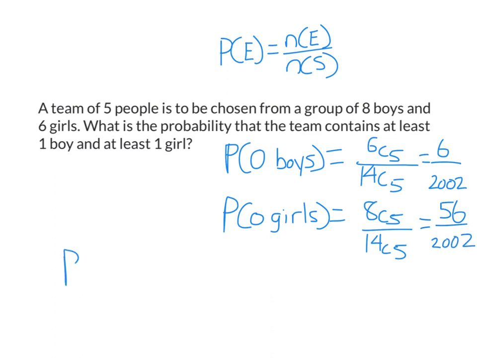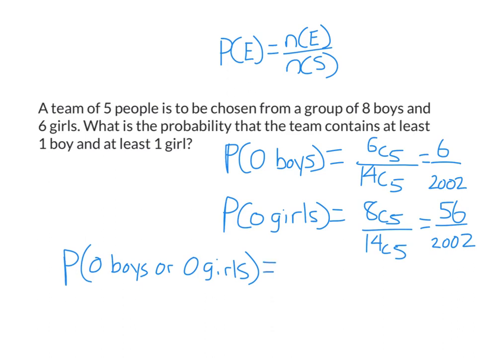So for the probability that I pick either no boys or no girls, I can just add these up. These two events are called mutually exclusive. They can't both happen. I can't pick a team that is no boys at the same time as a team that is all boys. That doesn't make any sense.